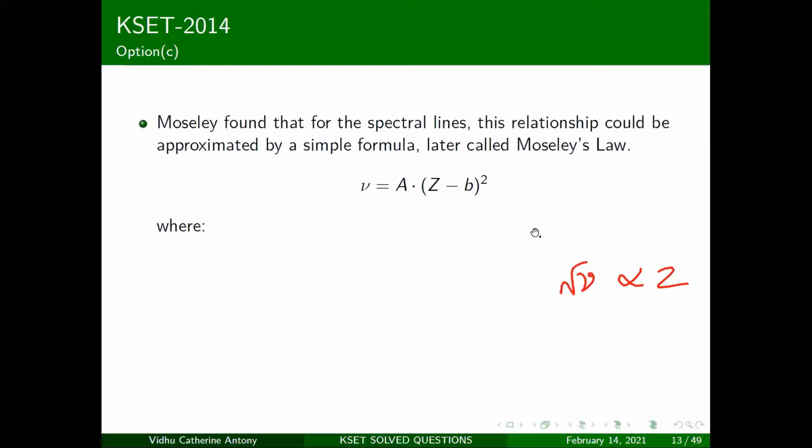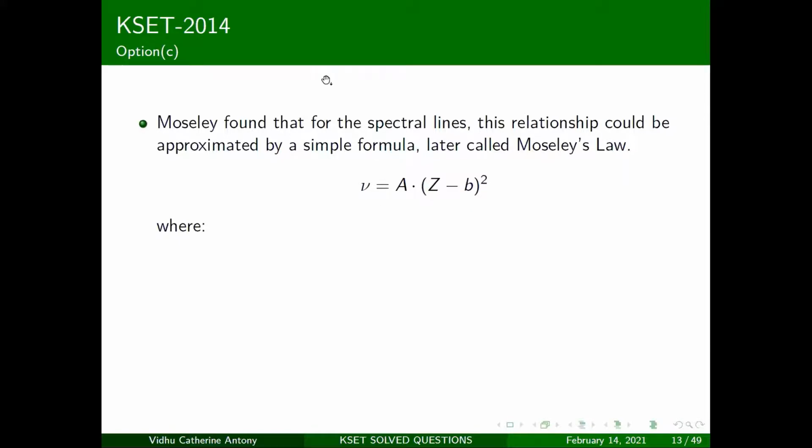Now, what is the exact formula? Because I think there might be questions when you have to deal with K alpha, L alpha lines. Moseley found that for the spectral lines, this relationship could be approximated by a simple formula, which is called Moseley's law. The frequency is equal to A times (Z minus B) whole squared.